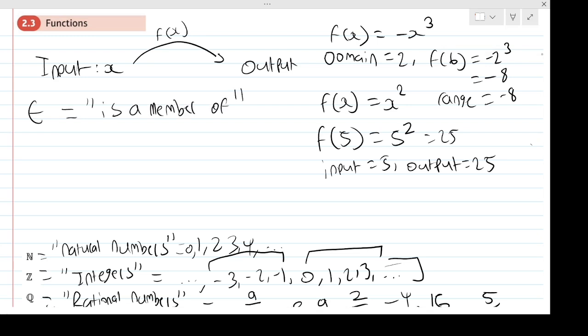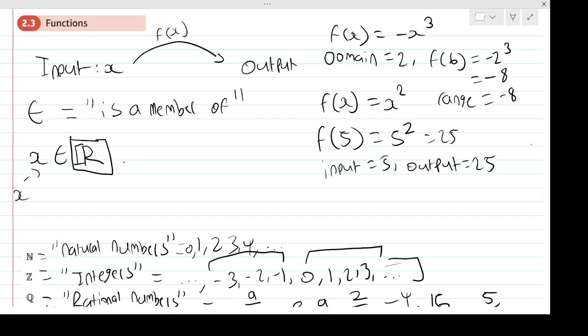So, for example, if we said x and then this sign here, that's saying a value of x, which is a member of the real numbers, right? So value of x, or x value, or just x.